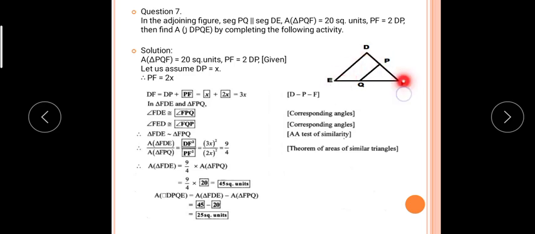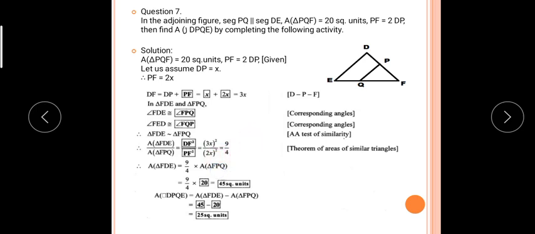FDE, then FPQ, because P is congruent with D and Q is congruent with E. So by the theorem of area of similar triangles, we can write DF squared upon PF squared, the corresponding side. Our DF is 3x, and PF is 2x. Therefore 3x squared upon 2x squared is equal to 9 by 4.